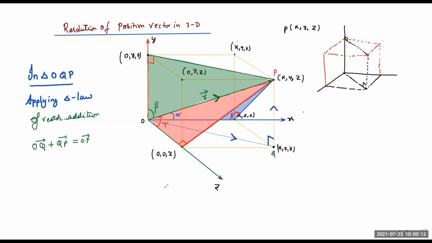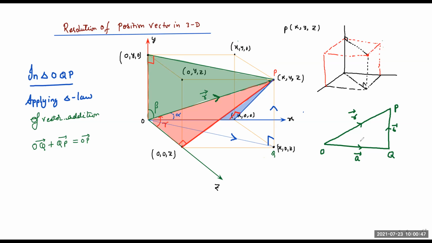So OQ vector, because if you look at the triangle OQP, it makes one triangle. And from the definition of vector, if I say this is A and this is B, then A plus B must be R. The triangle law says that the sum of two vectors in order will give you the resultant in the reverse order.